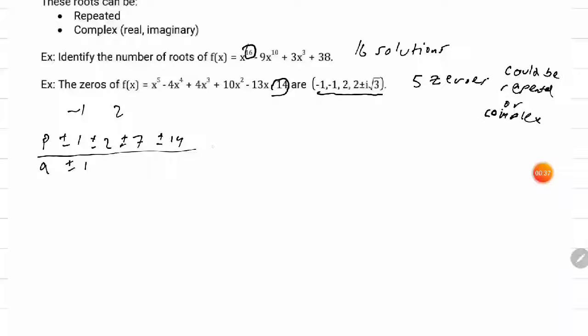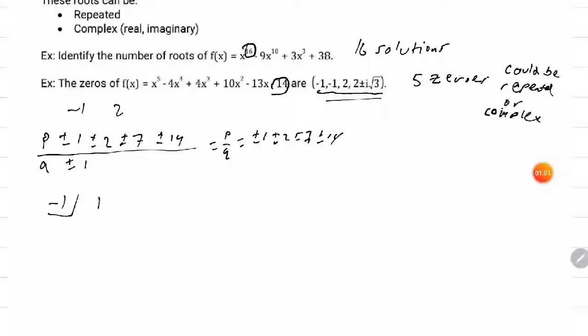So our p divided by q's are plus or minus 1, plus or minus 2, plus or minus 7, plus or minus 14. But we already know that negative 1 and 2 work, and yes, my answer is right here, but just to go through the work. Since we know negative 1 works, let's put it in.